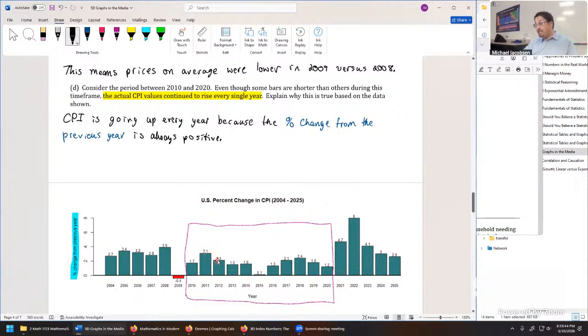Even when the bar is going down, because it's positive, CPI still went up. It just didn't go up by as much in 2012 as it did in 2011. So the bar is telling us how much it increased by, and it's an increase in every single one of these years. It's a different way to say it. This year was very close to zero, no change whatsoever.